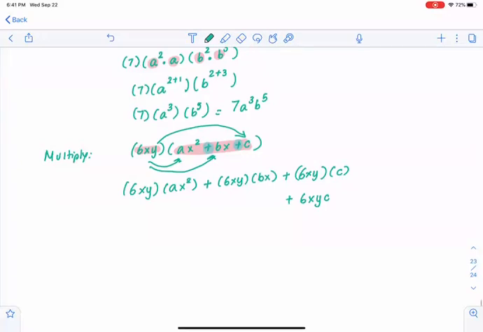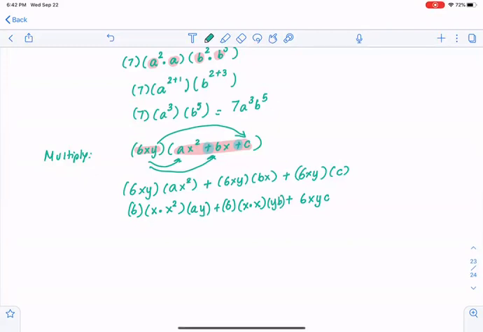In the first term, I have to group the x's together, so x times x squared. The other two terms are not identical, so I'm just going to put it as a times y. In the second term, I have 6 times x and bx. Since we have two x's, I'm going to write it as x times x, and y times b, which is yb.